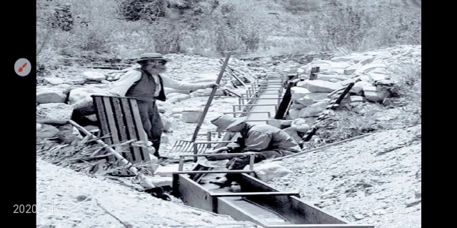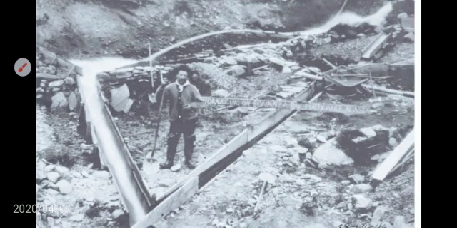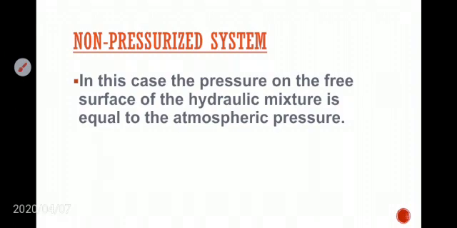That means the entire transportation system will be open to the atmosphere. Here we will not use any type of pressure generating pumps for transportation of slurry, so we call it a non-pressurized transportation system. This is one of the images of how the slurry is being transported from the face.